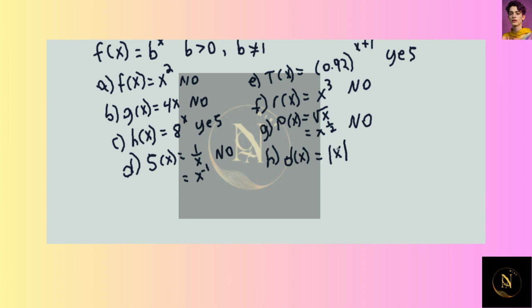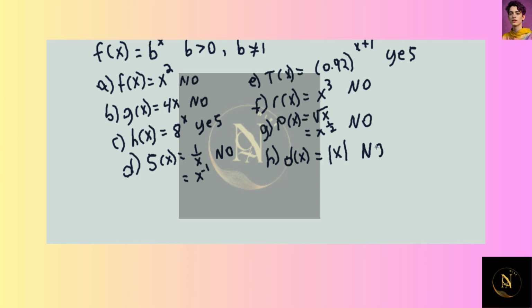Well, it's the absolute value function, but is there any way to put this in a form where I have some constant raised to a power where the variable is in the power? No, right? The absolute value of x, that's it. That takes any number and basically makes it positive, but there's no way to make this into an exponential where the variable is in the exponent. So no, that is not exponential.